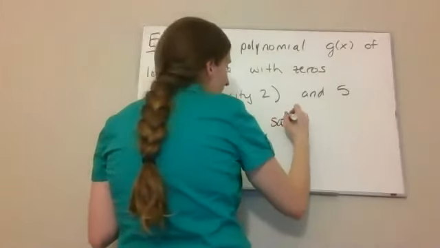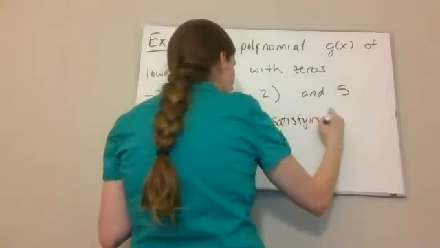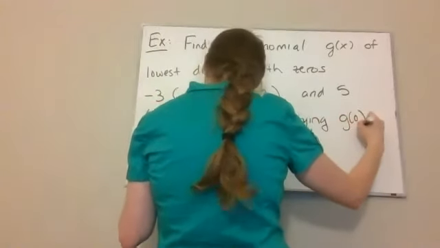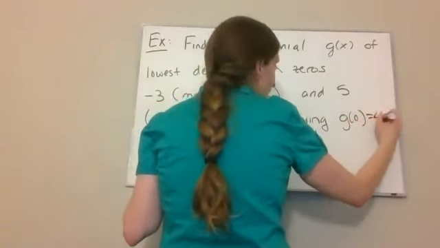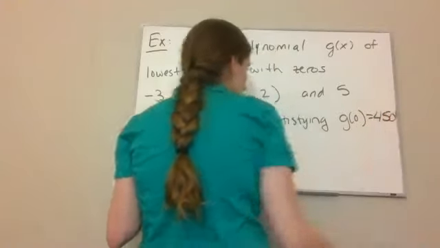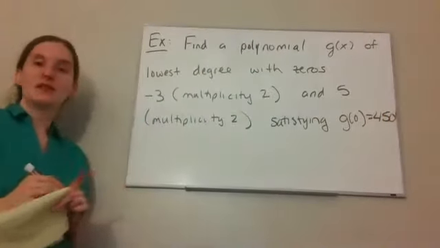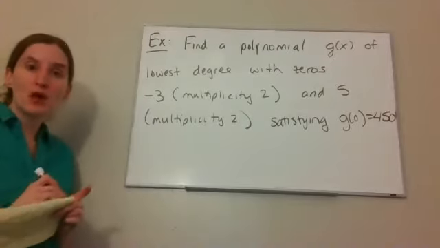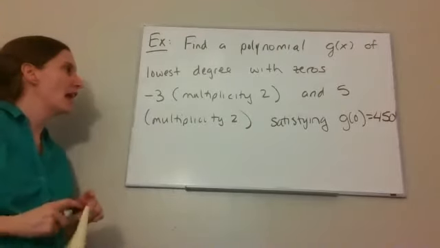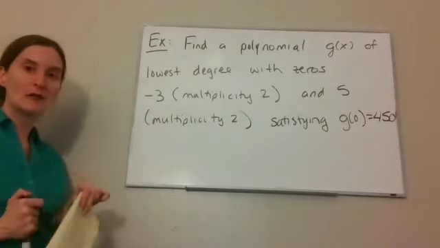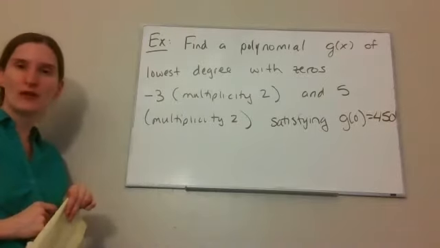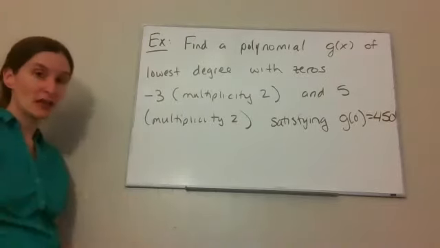And we also want it to satisfy g of 0 equals 450. So we want to find a polynomial with the smallest degree possible that has these particular zeros and a y-intercept of 450. How are we going to do that?